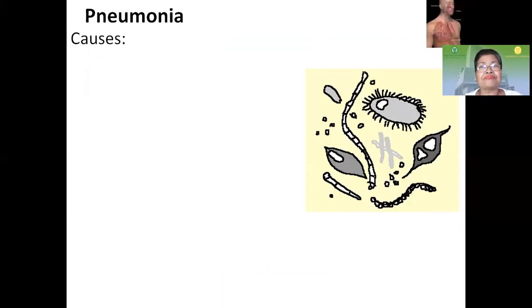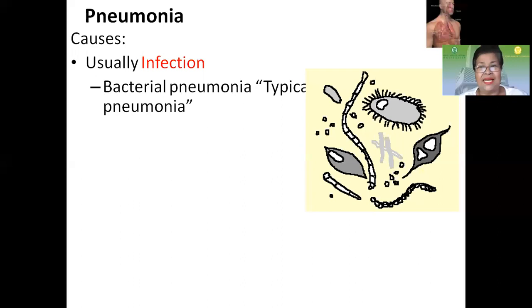Okay. So what are the causes? Usually secondary to infection. At pag sinabi nating infection, the cause is microorganisms. So, according to cause, we classify pneumonia as bacterial pneumonia, or typical pneumonia.